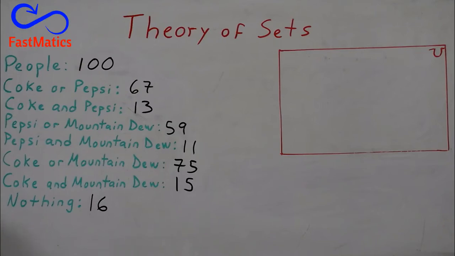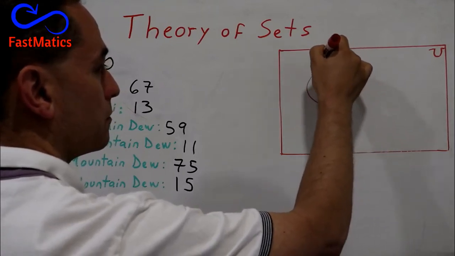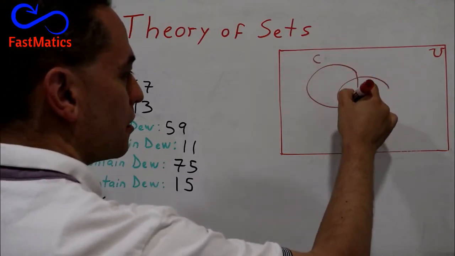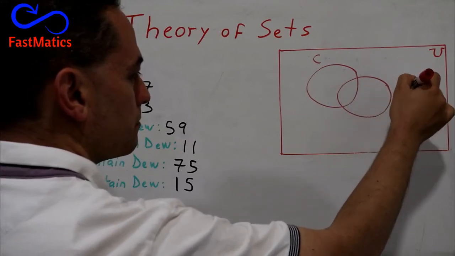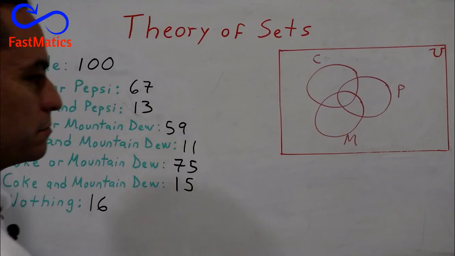First, we have to draw a Venn diagram. Then we are going to make one circle for Coke, another circle for Pepsi, and another circle for Mountain Dew.